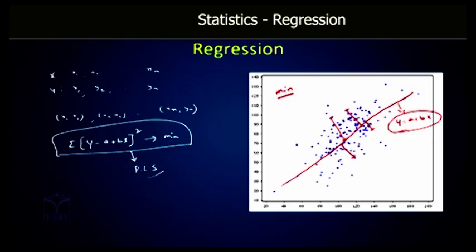Using this principle, we minimize it, and we get two equations to find our two unknown constants a and b. These two equations are nothing but our normal equations.